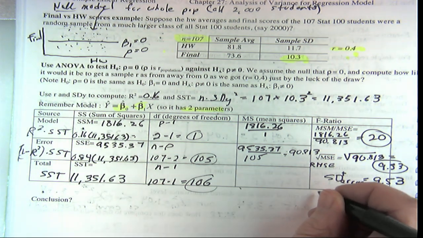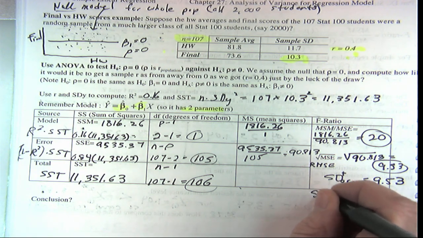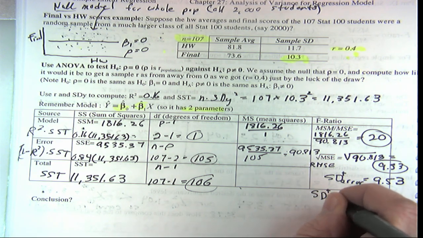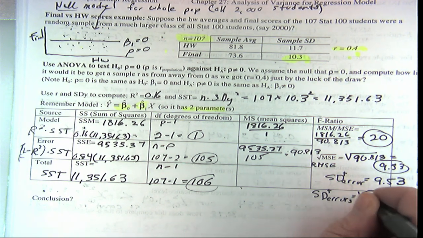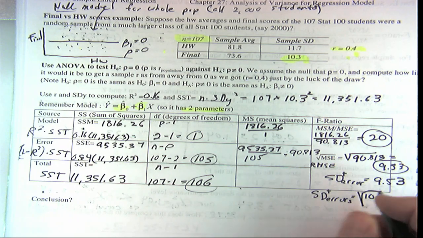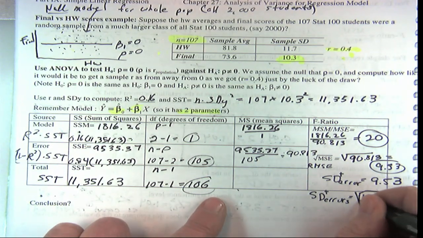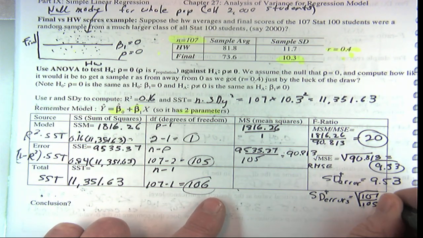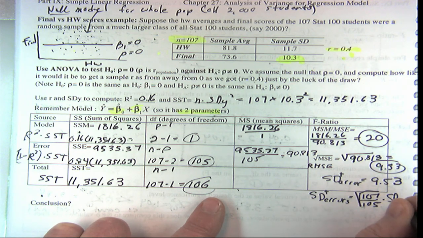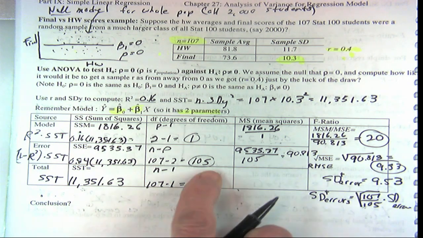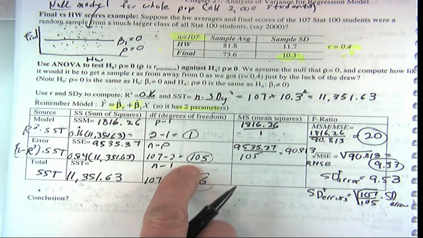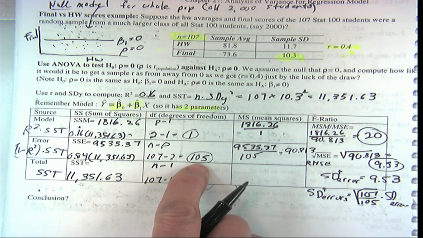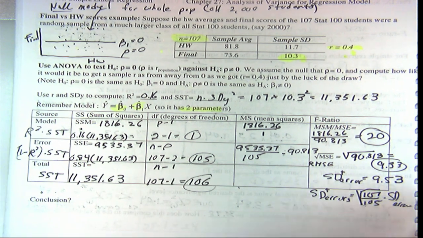So the standard deviation plus of the errors, maybe I should write this down, is going to be 107 over 105 times the standard deviation of the errors without the plus. You see, what we're doing is we're dividing by 105 instead of dividing by 107. If we divided by 107 here, we would have gotten the standard deviation of the errors.